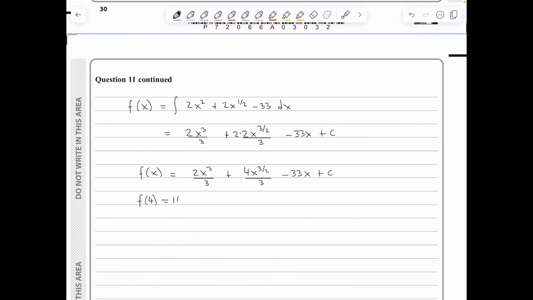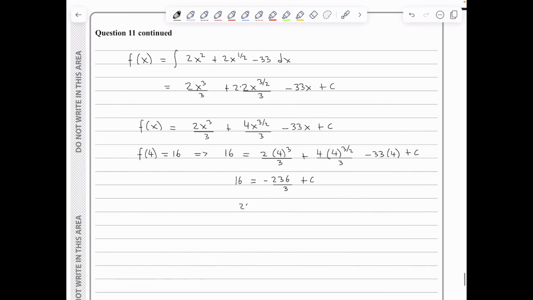And we know that the point P had coordinates 4, 16, which means that f of 4 is 16, and therefore 16 should be 2 times 4 cubed over 3 plus 4 times 4 to the 3 over 2 over 3 minus 33 times 4 plus c. This leads to 16 is equal to minus 236 over 3 plus c, and therefore my constant of integration is 284 over 3.